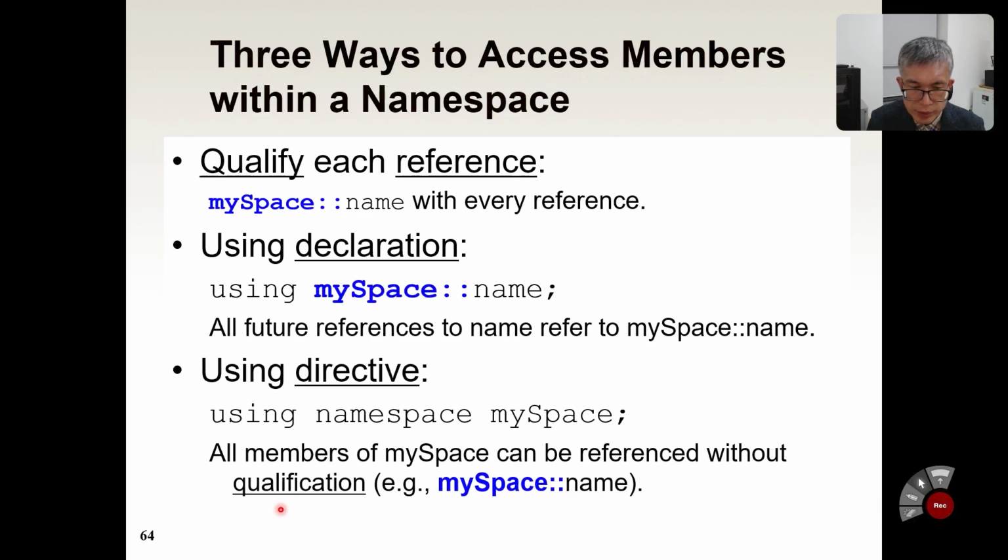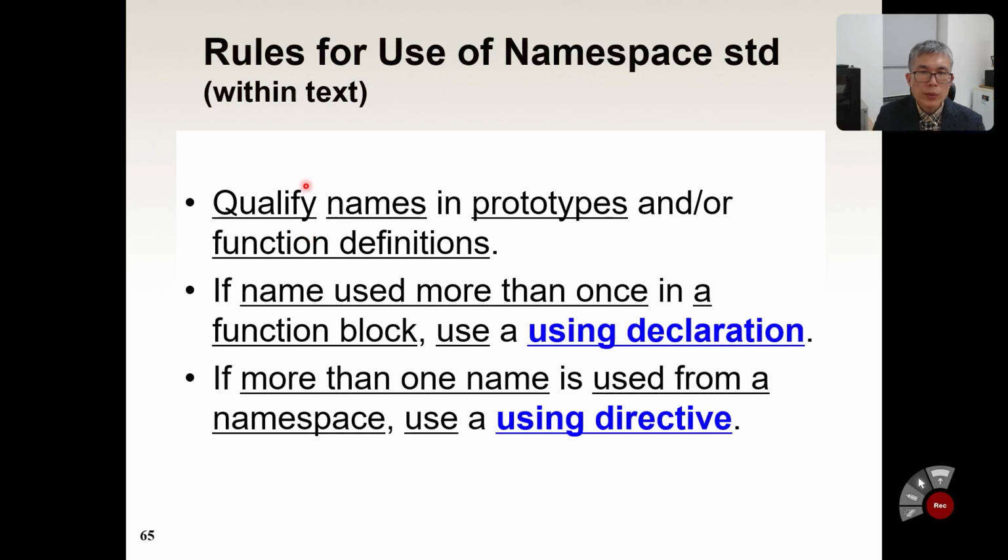The rules for use of namespace: within the text, qualify names in prototypes and function definitions. If a name is used more than once in a function block, use a using declaration. Finally, if more than one name is used from a namespace, use a using directive.